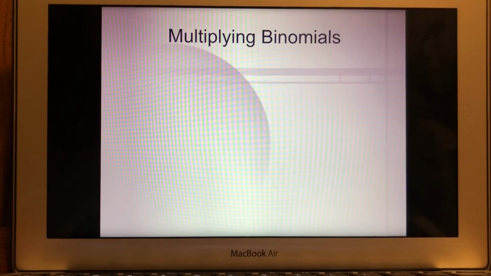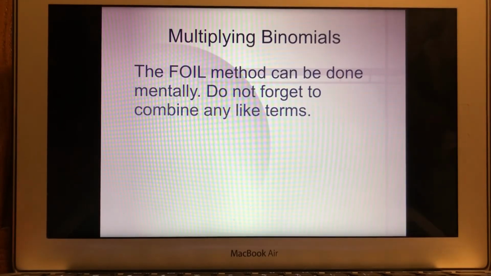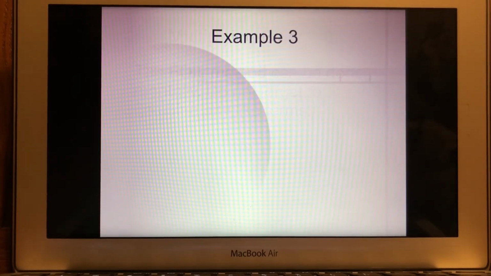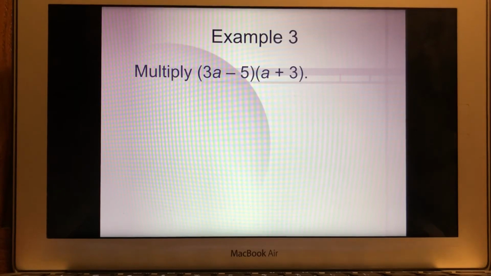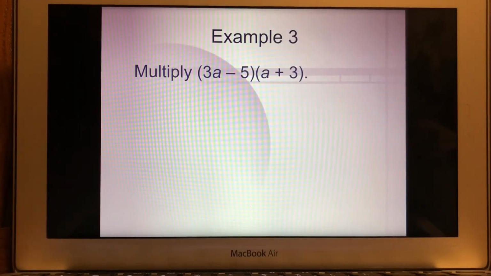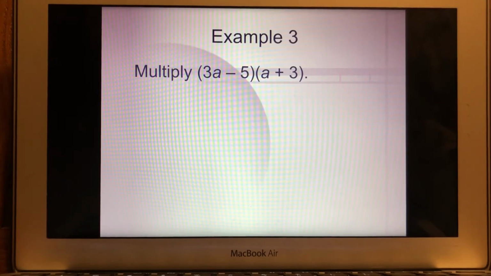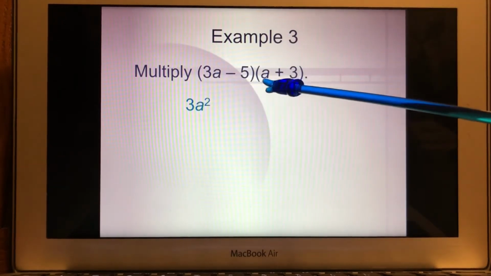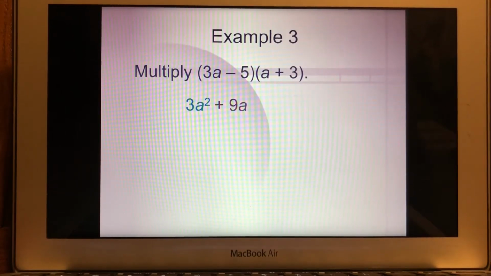Now, the FOIL method can be done mentally, but you cannot forget to combine any of your like terms. So far, the like terms we've had are the x's, so don't forget to combine those. All right, let's do another example: 3a minus 5 times a plus 3. My first terms, 3a times a, give 3a squared.